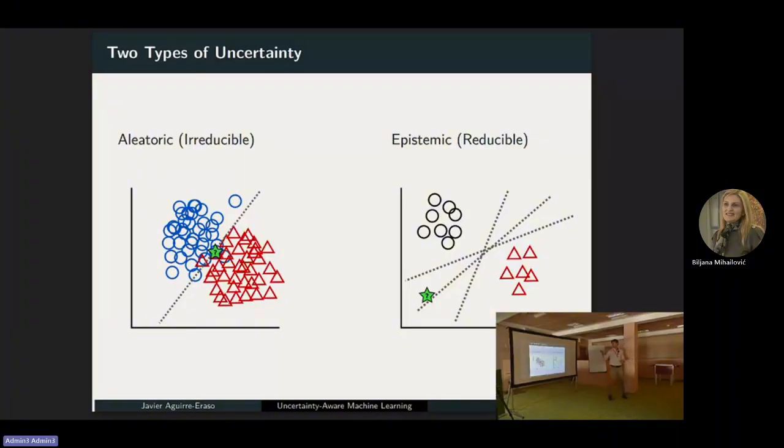The aleatoric uncertainty, which is in principle irreducible, is just inherent to the randomness of the world that we live in, whereas the epistemic uncertainty is related to the ignorance of the model, or just that the model hasn't been trained with the data it is trying to predict. And this is in principle reducible, by improving the model or adding more data to the training data set.